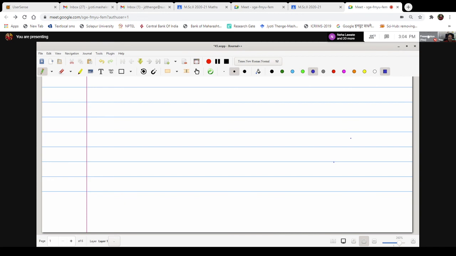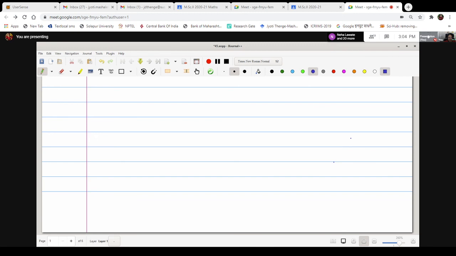Correct now? Automatically the page is coming at the end. Now, oh no, norm of, we will use the same strategy as we have used.